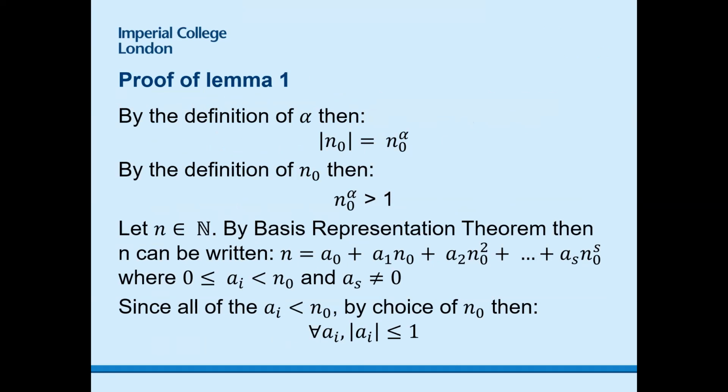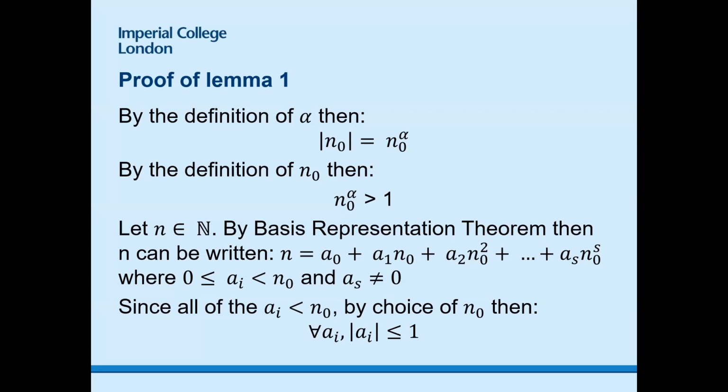So now we can think about how to write n in terms of n naught. By using the base representation theorem, we can write n is equal to a0 plus a1 n naught plus dot dot dot, for any ai between 0 and n naught.